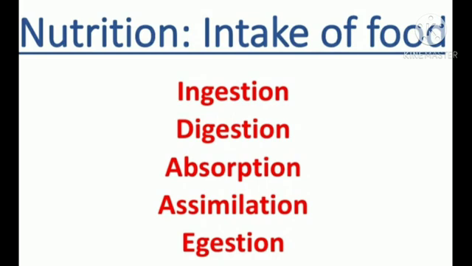Food provides energy and organic material for growth and tissue repair. Vitamins and minerals are also required in small quantities for nutrition. The food that is consumed needs to be processed before it is utilized. So all this comes under the process that is called what? Nutrition.